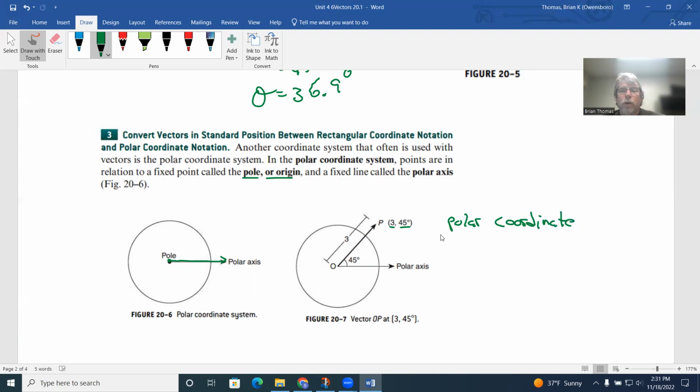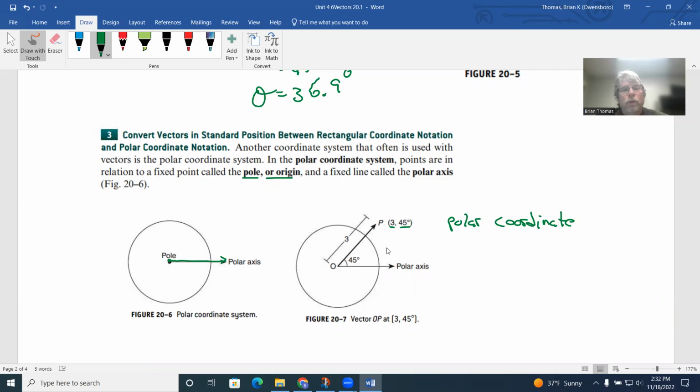That's going to be a polar coordinate. Notice the first number is actually the magnitude of the vector, and then the 45 is the direction of the vector. Like we said, a vector is made up of two things: magnitude and direction. So polar coordinates actually fit a vector a lot better than rectangular coordinates do.